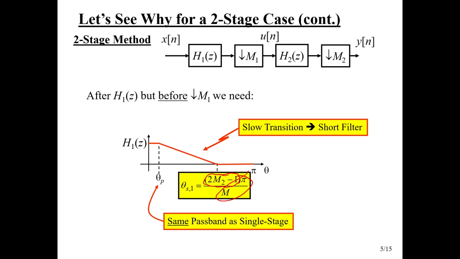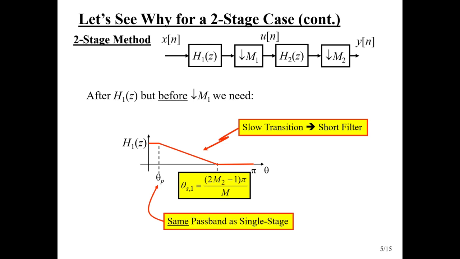It would make no sense to make M2 equal to 1. You wouldn't be doing anything. So M2 is at least 2. So this is at least 3 times as big as what we had before, but could be quite a bit bigger depending upon what that second factor of M is.